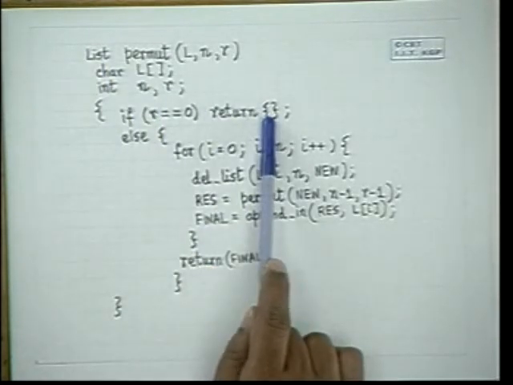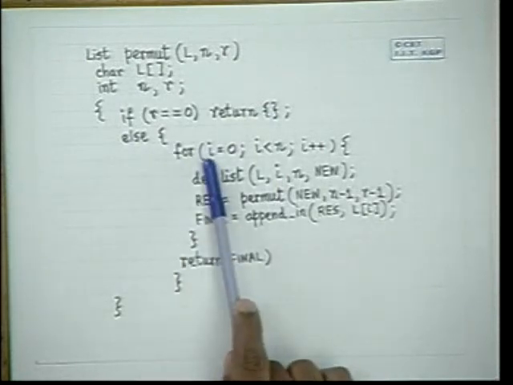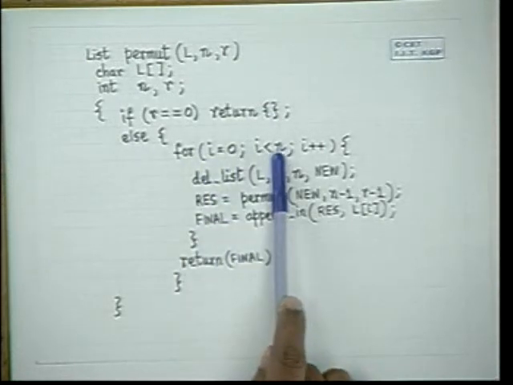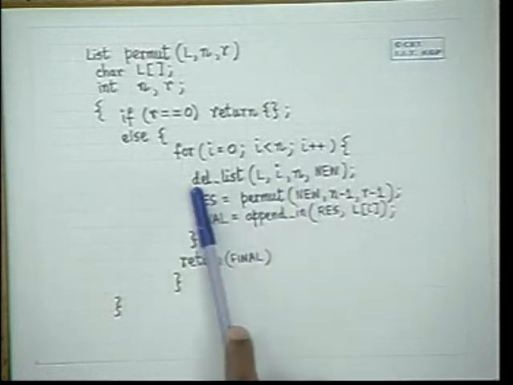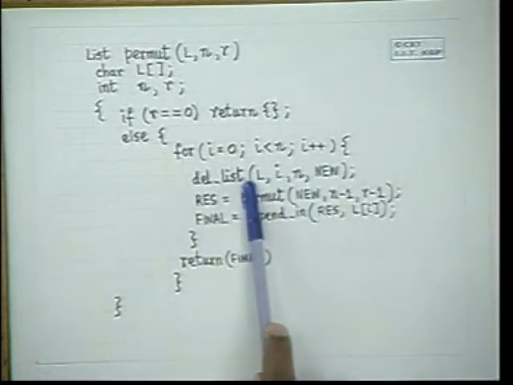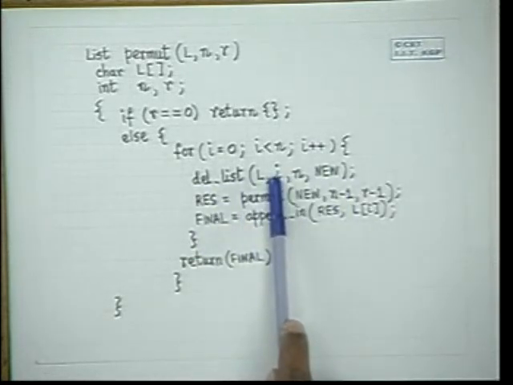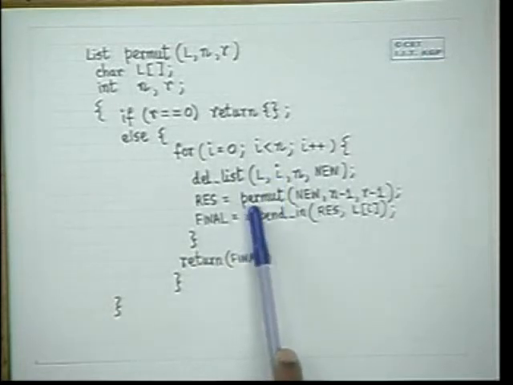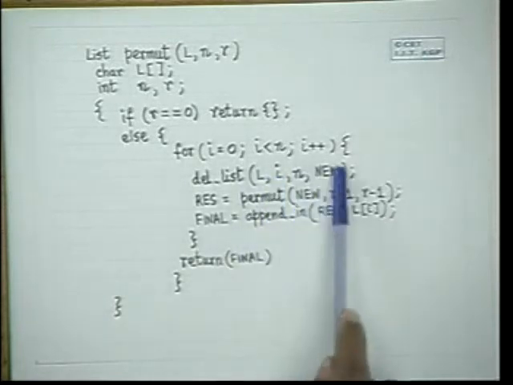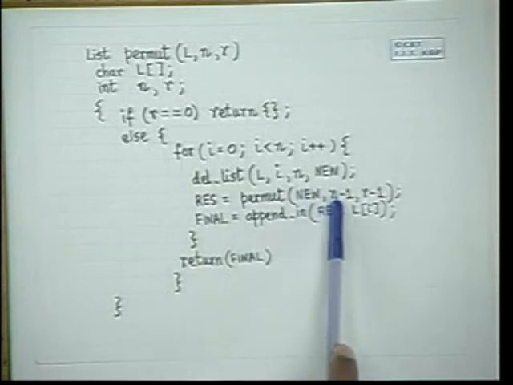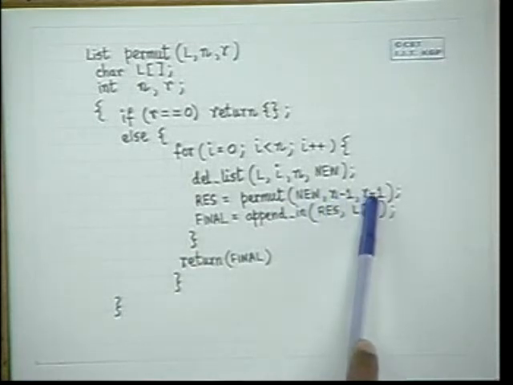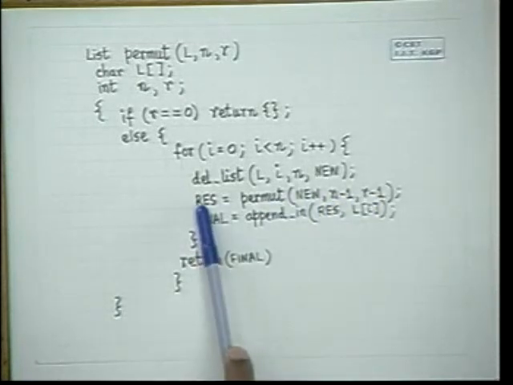So we return null. Else, for I equal to 0, I less than n, I plus plus, we use that function delete list. We delete the ith element, and then we call it on the new list with n minus 1, R minus 1 as we discussed previously, and we get the result.